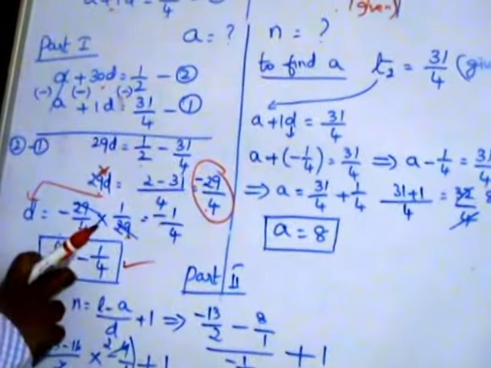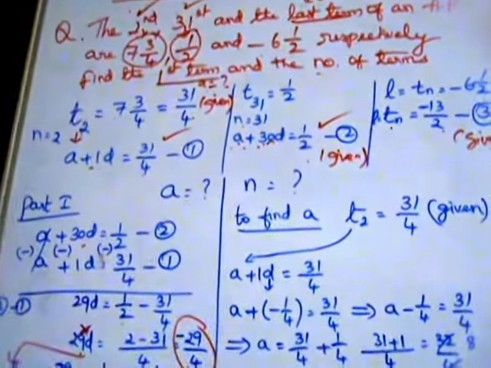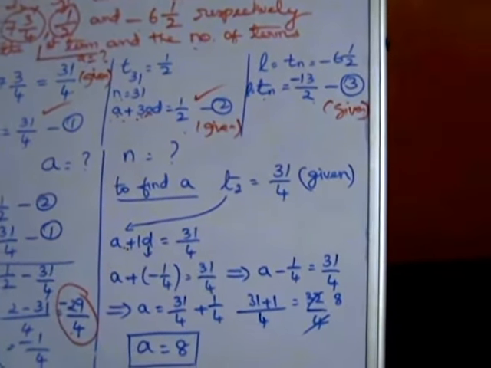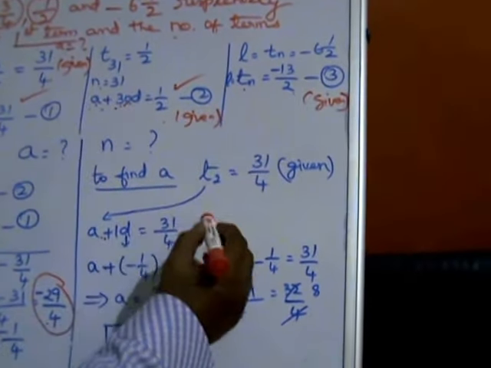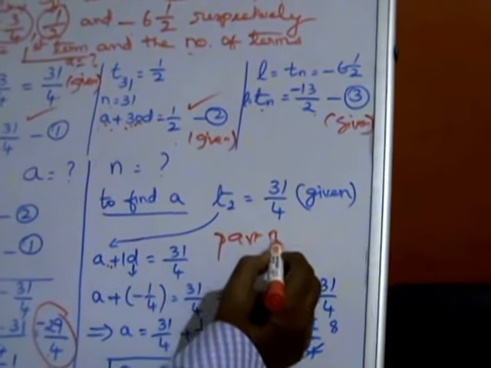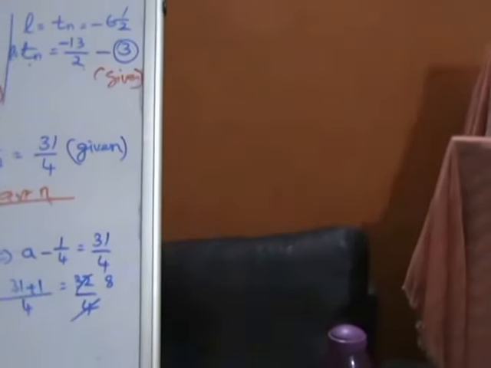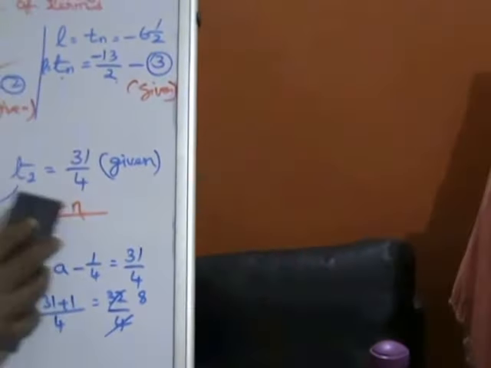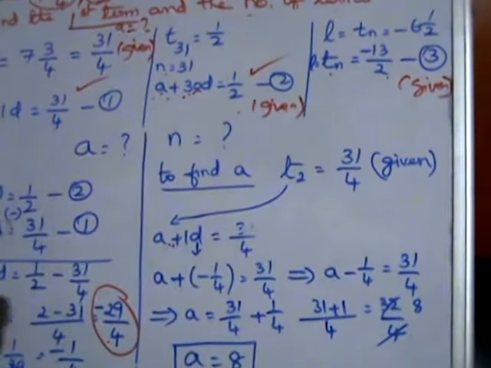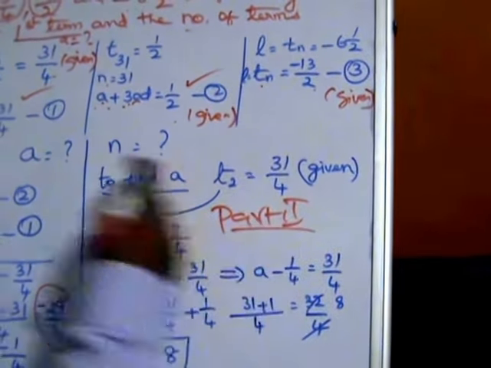But they did not ask for the common difference, they asked for the first term A. Now substitute in equation number 1. You can call this part 2, because part 1 is there already.